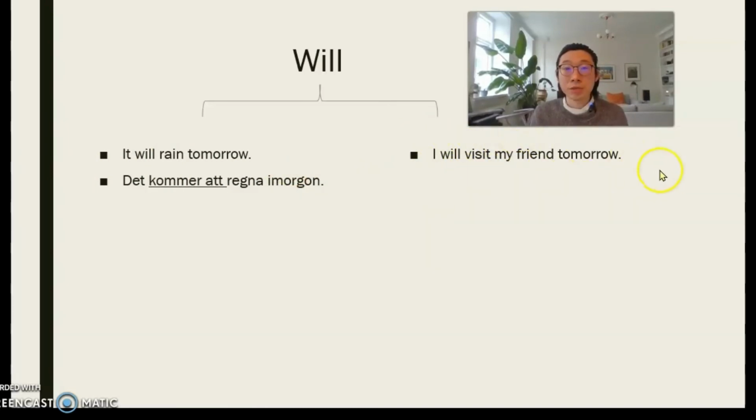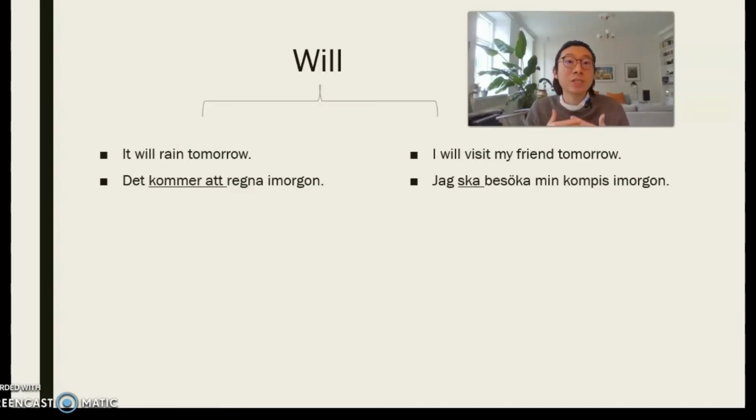In Swedish, it would be "jag ska besöka min kompis imorgon." So this is something to think about. Please do not translate "will" directly in your head into Swedish "ska," because sometimes it is not "ska," it is "kommer att," depending on whether you have the agency or not.